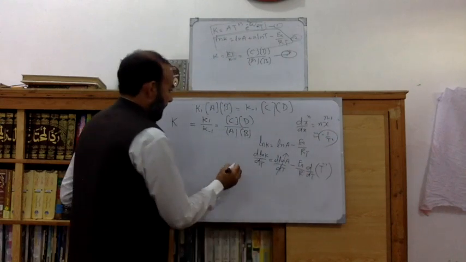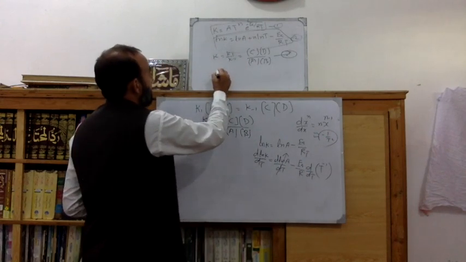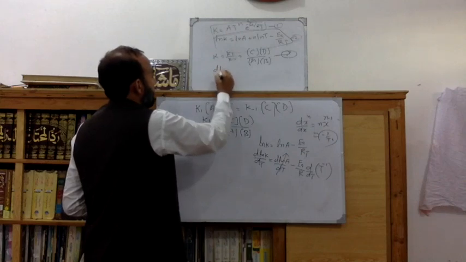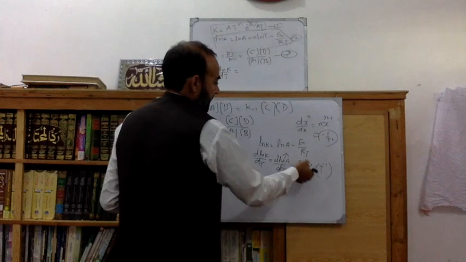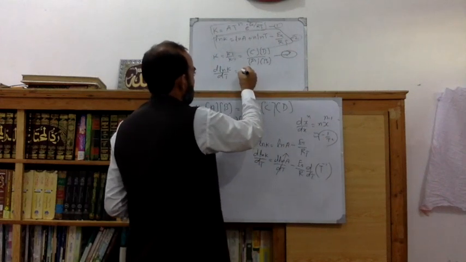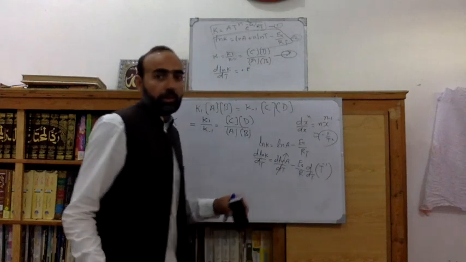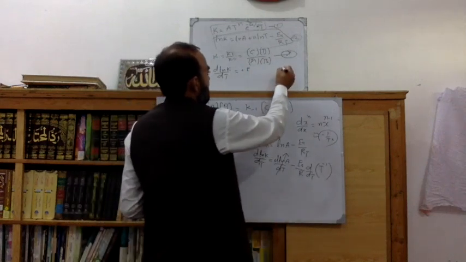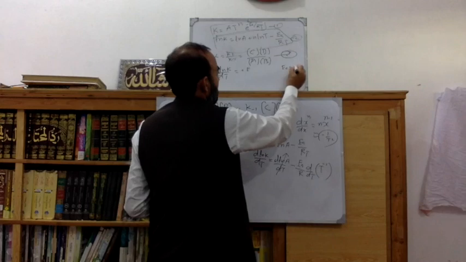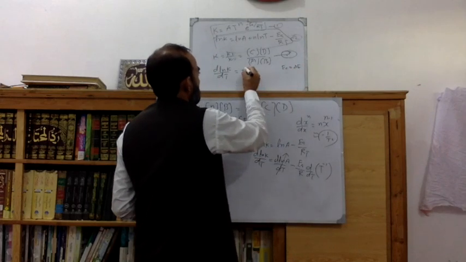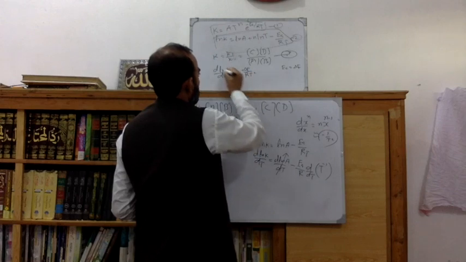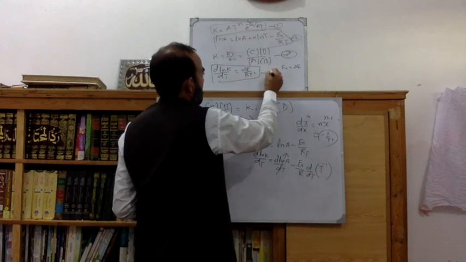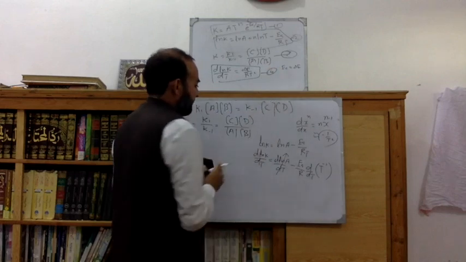Putting this in, we have the relationship d log K over dT is equal to, the minus minus will be plus, so plus EA. For the equilibrium system we have to replace this by del E, so this is del E over RT squared. This is our other relation, relation 4.